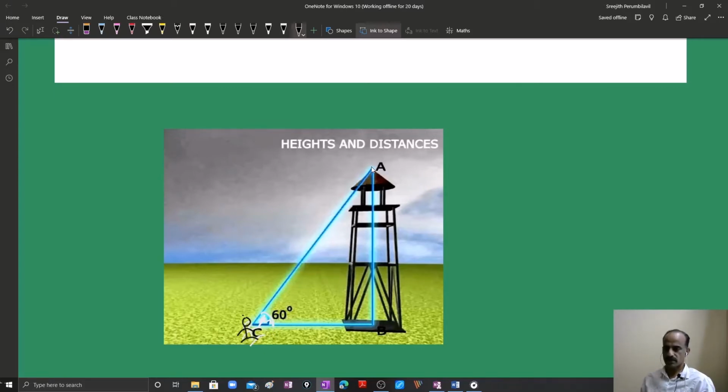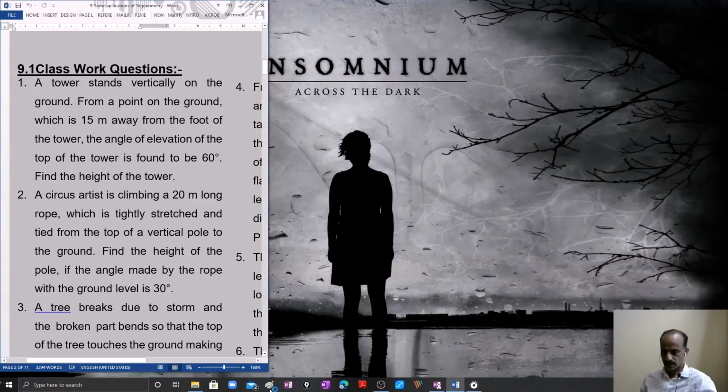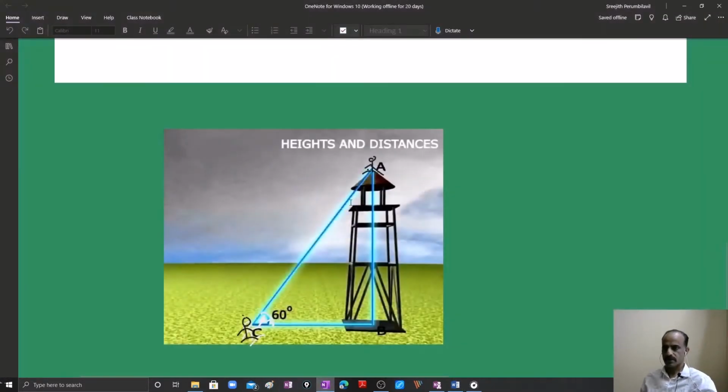Just imagine now, suppose you are standing on the top of the building, and you saw your best friend over here. So you will be looking at the friend over here, right? So where is the horizontal? The horizontal is this line.